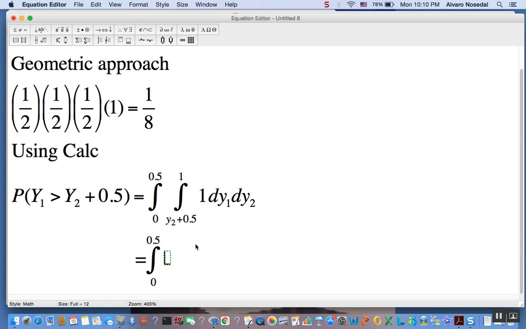That's just going to be y1 evaluated at 1 and y2 plus 0.5. So let me write that down. It's going to be just y1, and we want to evaluate it.